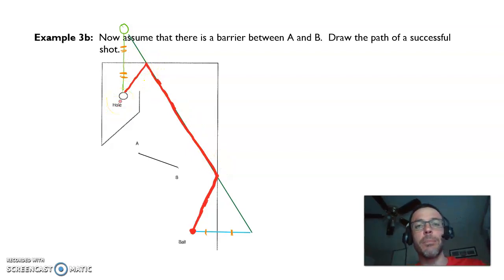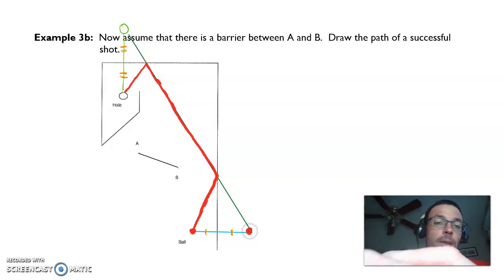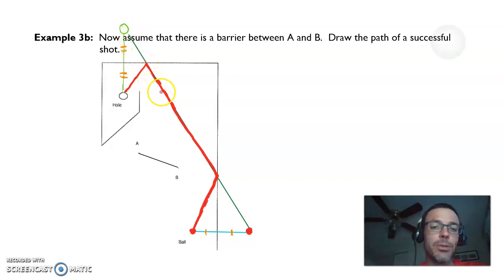Any wall that you have to bank off of, you need a reflection. So if I'm banking off of this wall, I need to find an equal distance where these are both perpendicular on the opposite side. Find that line that connects the hole reflection with the ball reflection. And then the intersections here and here will provide the proper angles to make that bank shot.